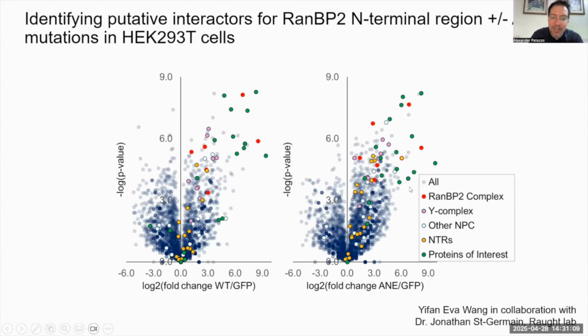This is actually looking at how statistically confident we are that these are real interactors. You can see that we pull down parts of the RanBP2 complex. So this is like RanGAP and UBC9 and Ran, things that we know bind to RanBP2. We actually see lots of nuclear pore component factors, including parts of the Y complex and nuclear transport receptors. But we also see some additional proteins of interest.